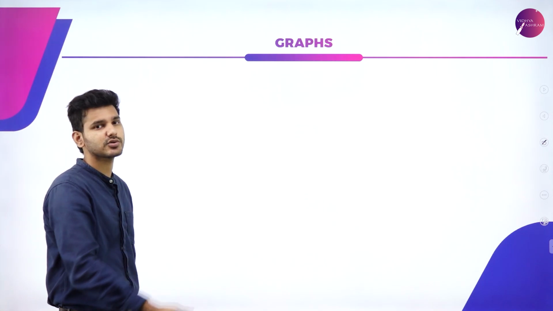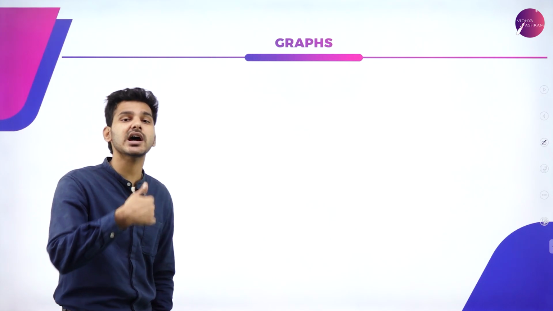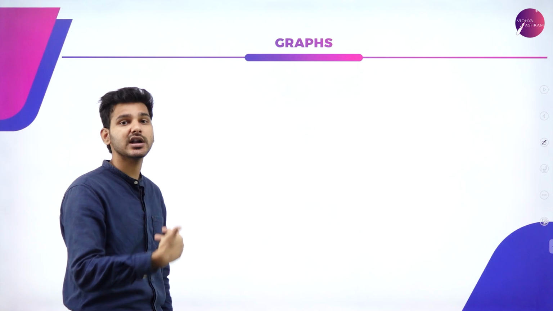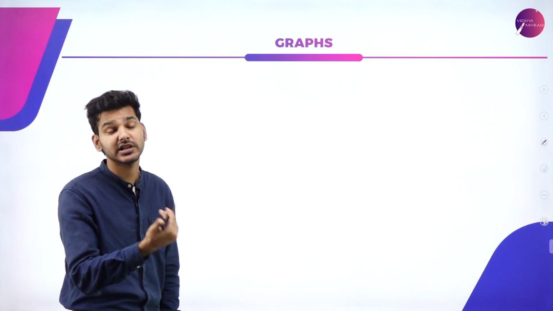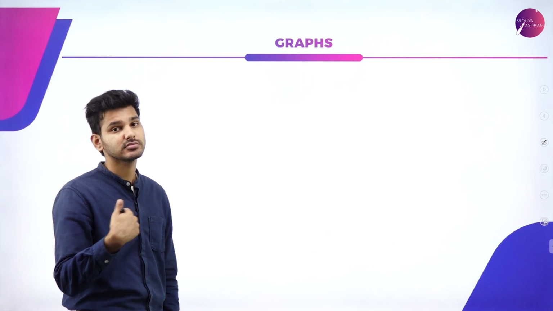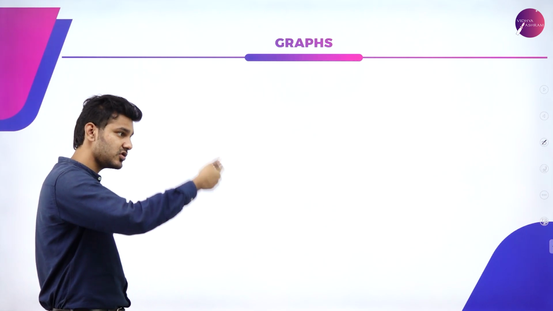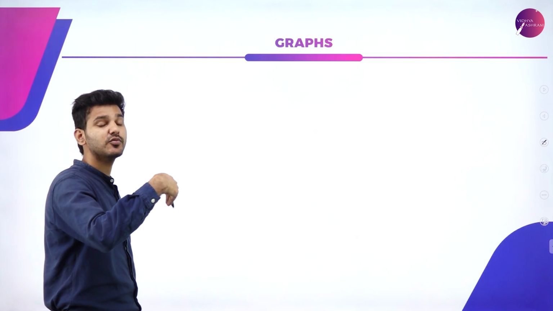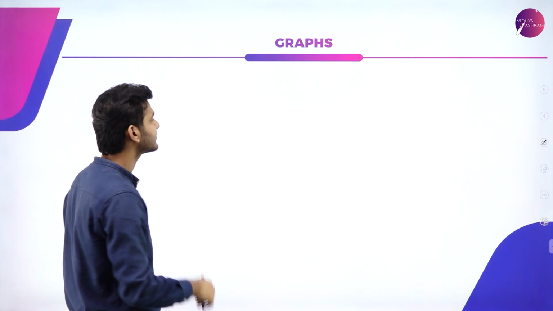Just like that, the area under a particular graph will give you the previous quantity. The area under the acceleration time graph will give you velocity. The area under the velocity time graph will give you displacement. Area takes you a step backwards, and taking the slope gets you one step forward. That is the only difference.